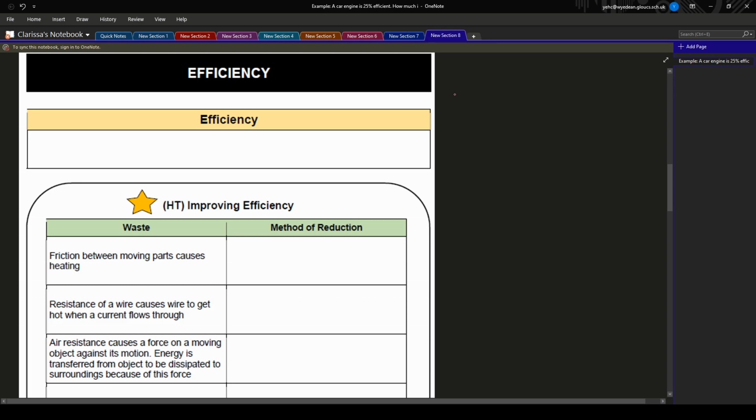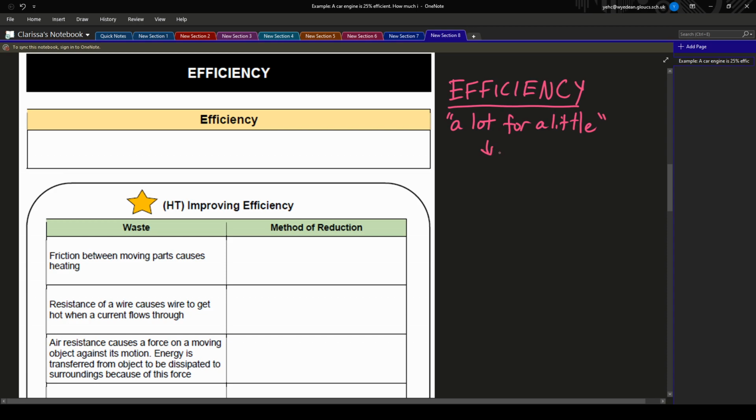Efficiency in general, not just in physics, I can sum up as a lot for a little.